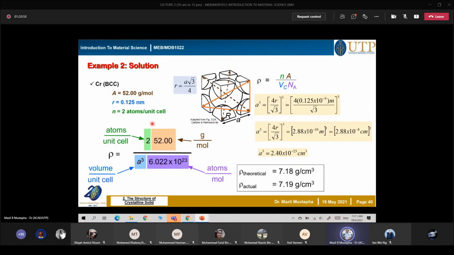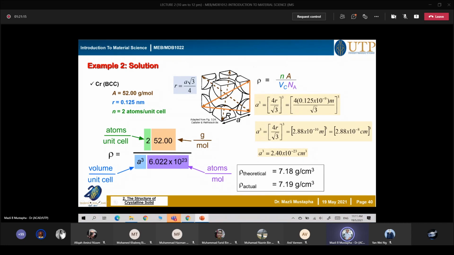So two important points you need to consider are the number of atoms and the A value, because A is related to the R and R is different for each system.